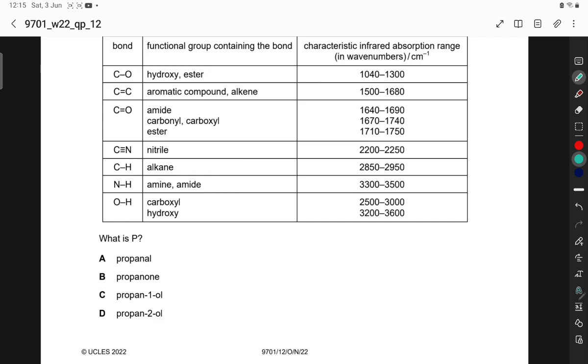So this is propanal. This must be correct. Propanone does not further oxidize, so it is incorrect.